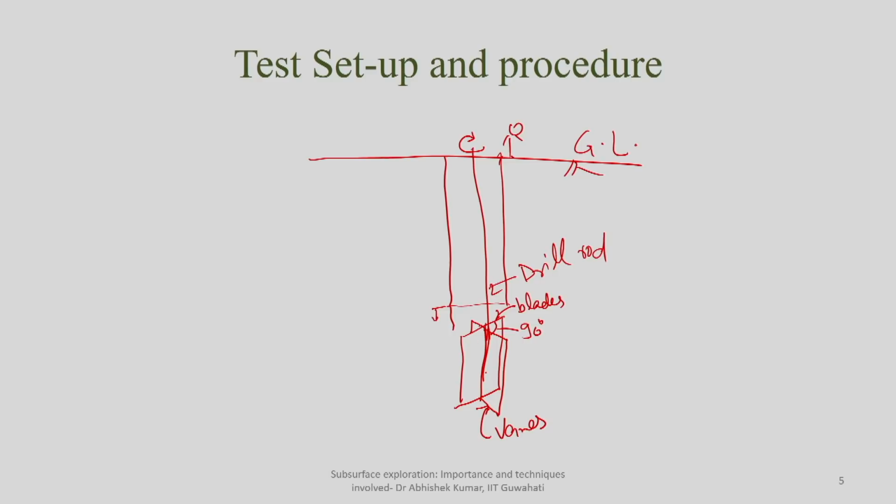You are pushing the vane into soil that is not disturbed, so you can call it undisturbed soil. Because you are doing the test in undisturbed soil, whatever strength property you get resembles the in situ strength property at this particular depth. So it is particularly useful for saturated soft clays. Once you reach the depth of interest, like this, maybe this is your depth of interest.